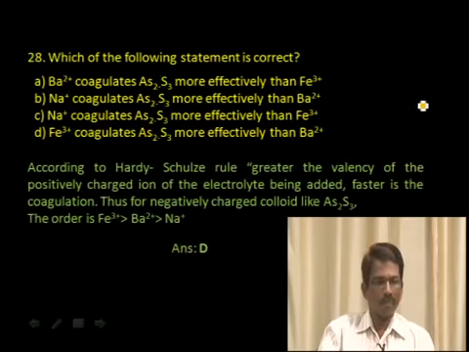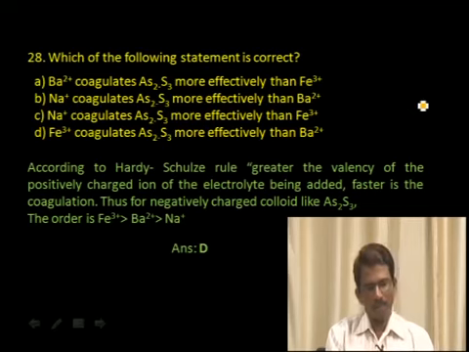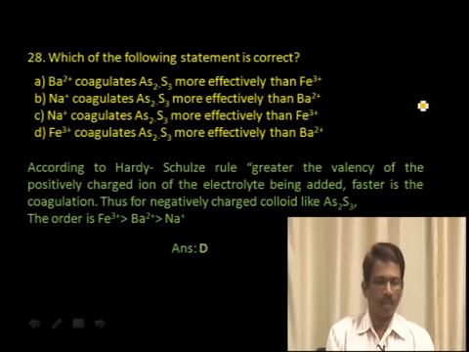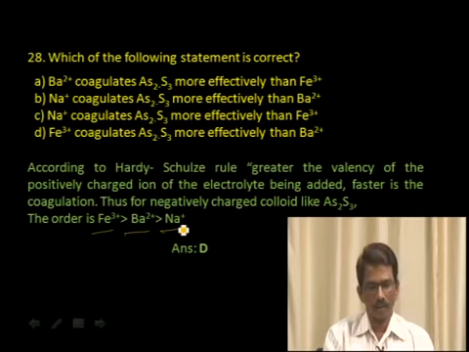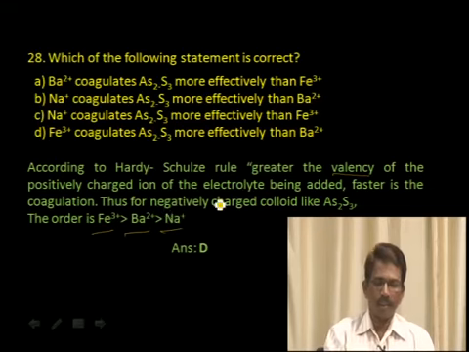And in question number 28, which of the following statements is correct? In these options, arsenious sulfide sol is being coagulated with ferric ion, Ba2+ and Na+. From the Hardy-Schulze rule, the higher the valency of the active ion, the greater is the precipitating action.